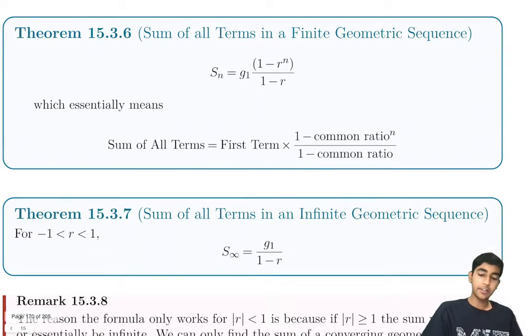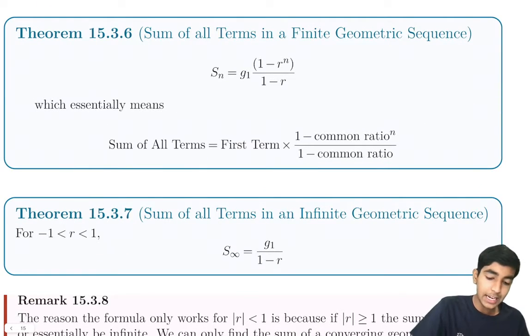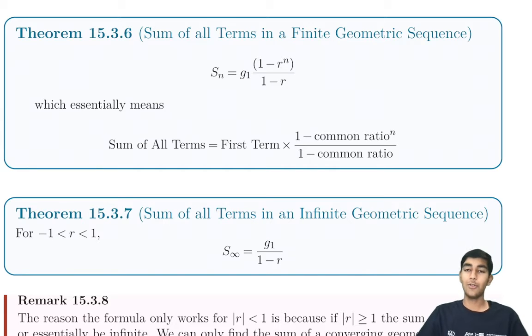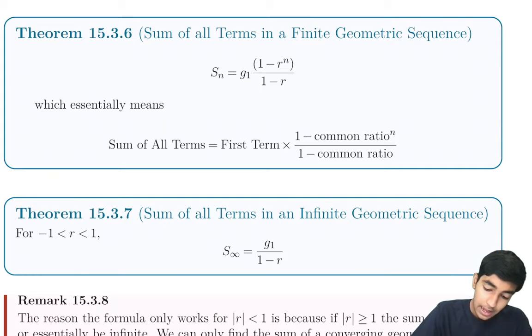So let's move on to the sum of all the terms in a finite geometric sequence. Essentially, all we have to do to find it is to do the first term, which you can say g of 1, times 1 minus r to the n over 1 minus r.